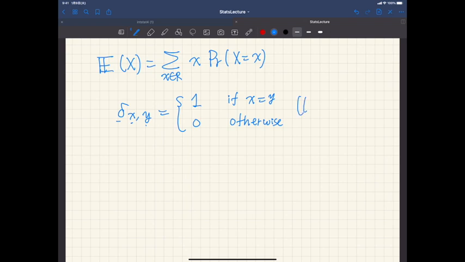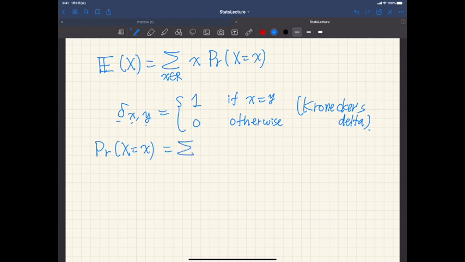This is called Kronecker's delta. I think Kronecker is a German mathematician. Please check Wikipedia.